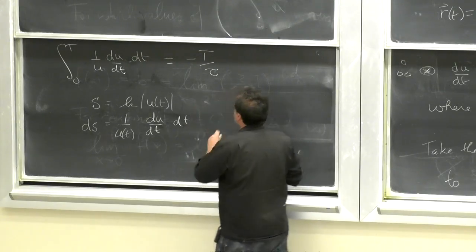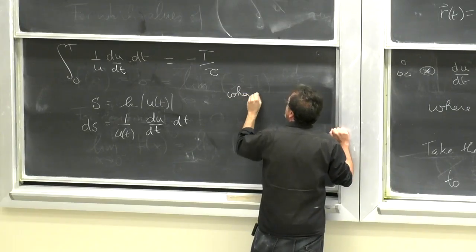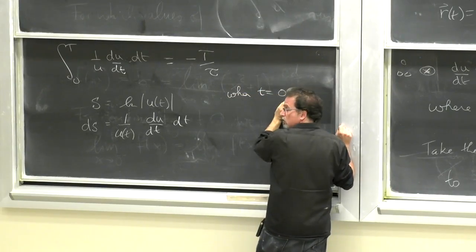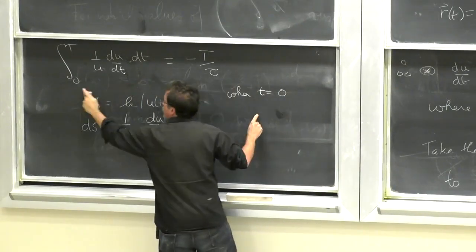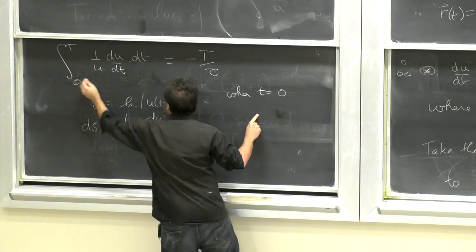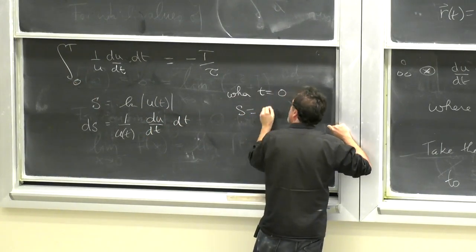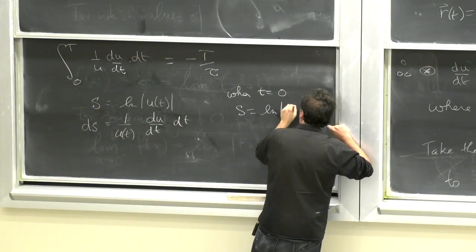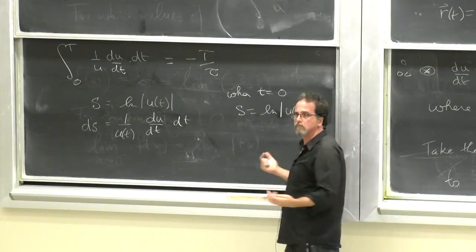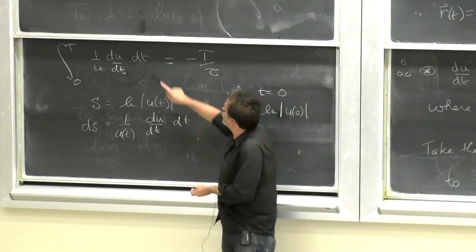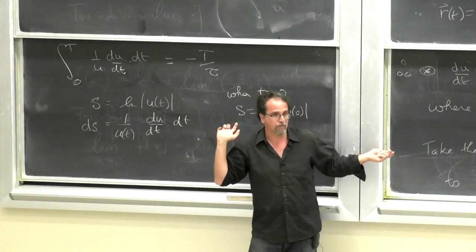When t equals 0, at the lower bound of integration, s equals the natural logarithm of the absolute value of u evaluated at 0, because all I'm doing is putting t equals 0 into this equation.